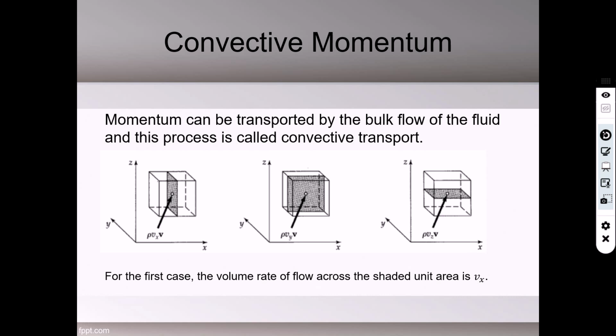So for this one, if we take the plane in this way, we know the volumetric flow rate through this plane should be the first one, the Vs multiplied by delta Y delta Z. And that gives us the mass flow rate, which should equal the second equation with the density here.